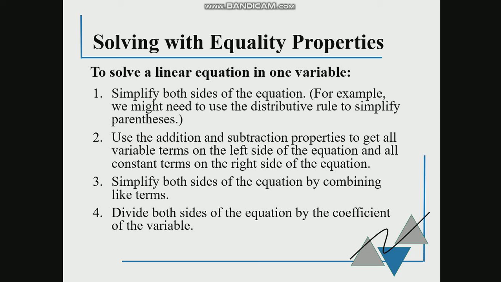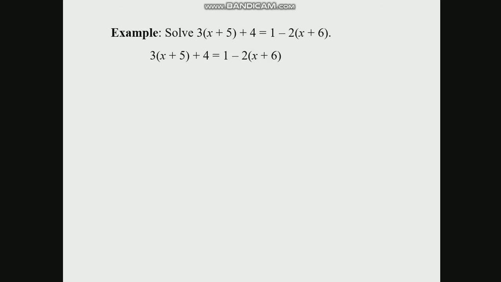Let's do some examples. So I want to solve this equation. The first step is to simplify the parentheses using the distributive rule. So I've got 3 times x is 3x, 3 times 5 is 15, plus 4, 1 minus 2. So I'm going to take negative 2 times x is negative 2x, negative 2 times 6, negative 12.